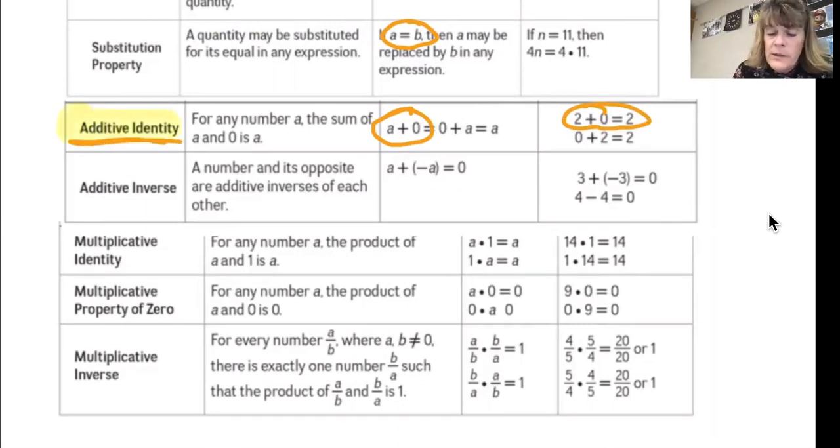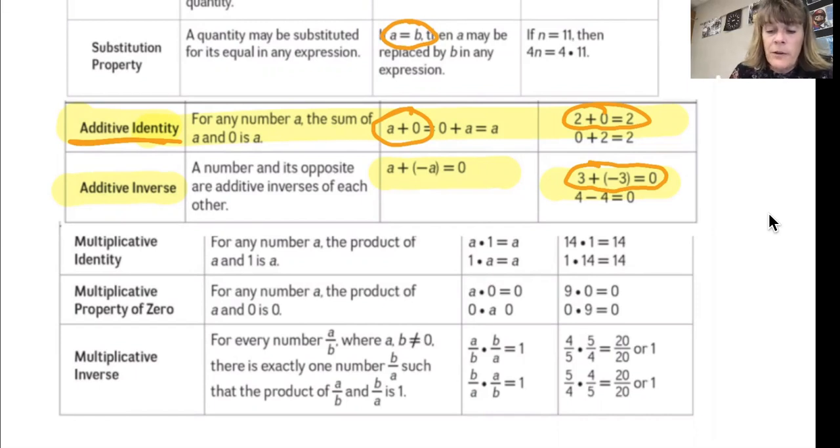So now we're getting into some things that might be a little more important. Then we also have the additive inverse. Now what that means is if you take 3 plus its opposite, 3 plus -3, you get 0. So it gets you back to that identity number.